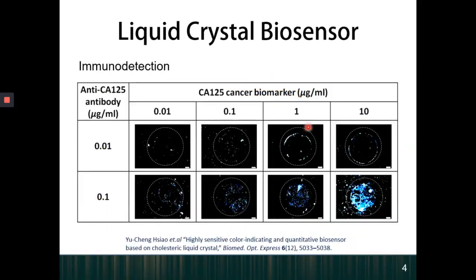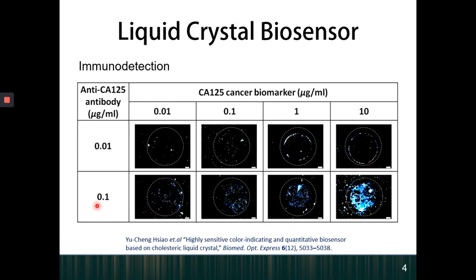And this is our previous work. It shows different concentrations of anti-CA125 antibodies interacting with the CA125 cancer biomarkers here. You can see that with different concentrations of the immunopairs, we can get different brightness of the liquid crystal images.